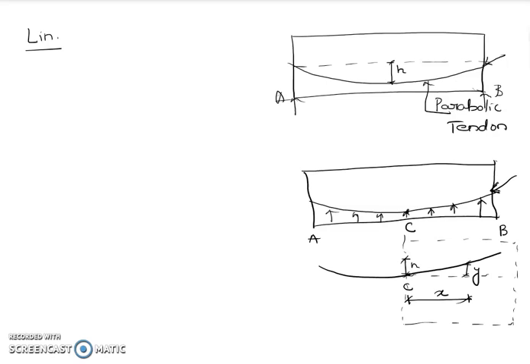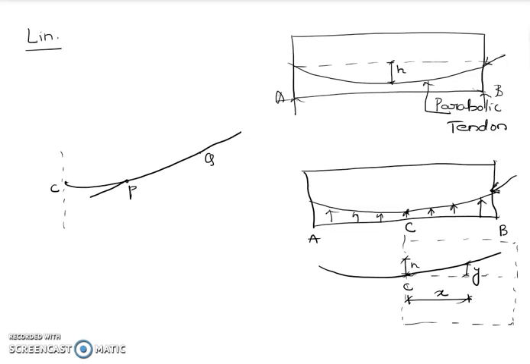Only this part I will slightly elaborate and draw again. So it starts from point C, that is the midspan. I randomly choose 2 points here, one is P and the other one is Q.